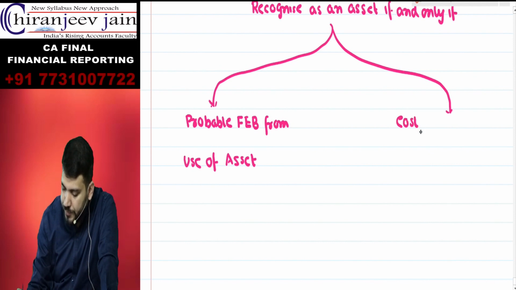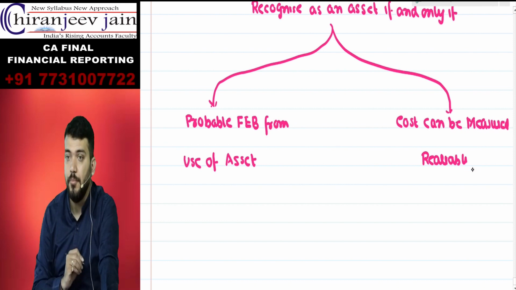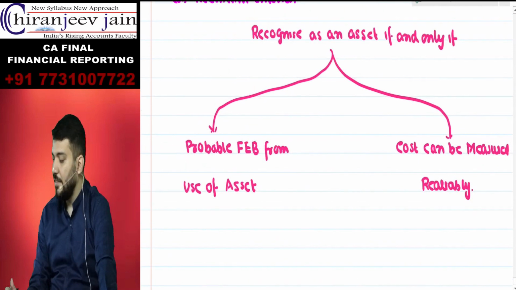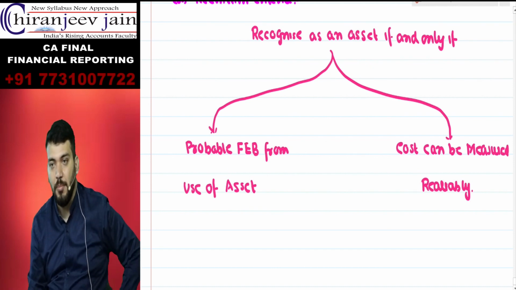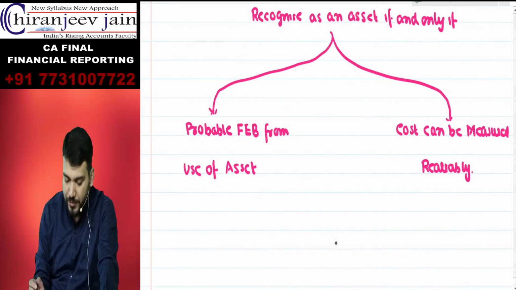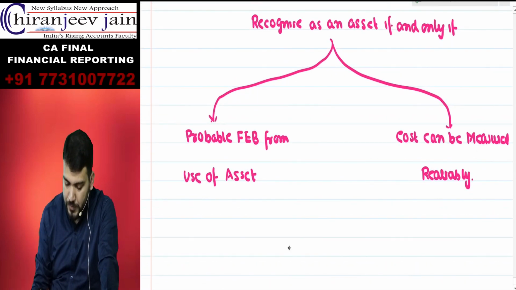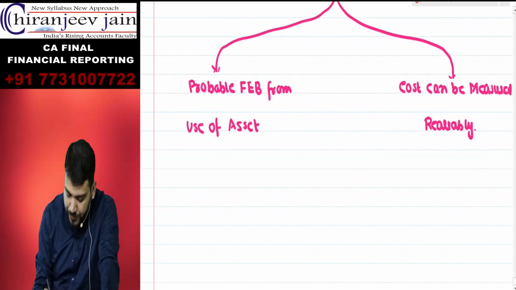Cost can be measured reliably. Okay. Same point. So recognize as an asset if and only if probable future economic benefit and cost can be measured. Okay? Nothing to explain. Done? Write down point number B.